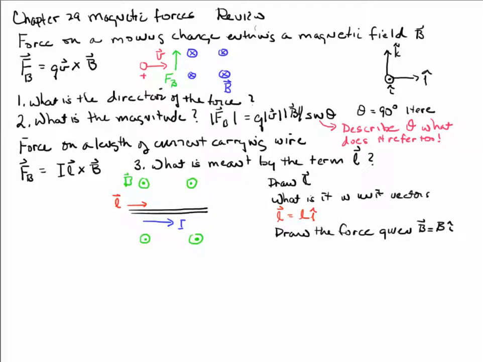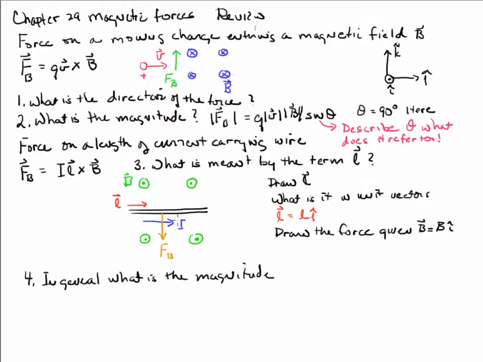Now draw the force given when B is equal to B i hat. And I show the B, the magnetic field, in green. The circles with a dot in the center represent the magnetic field coming out of the paper or along the positive x axis.